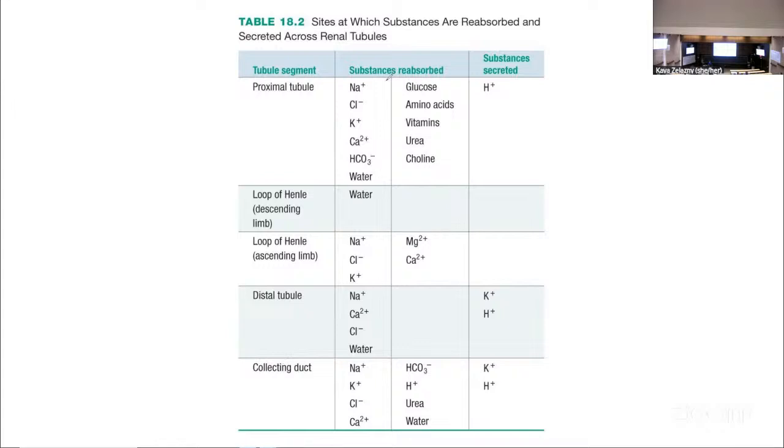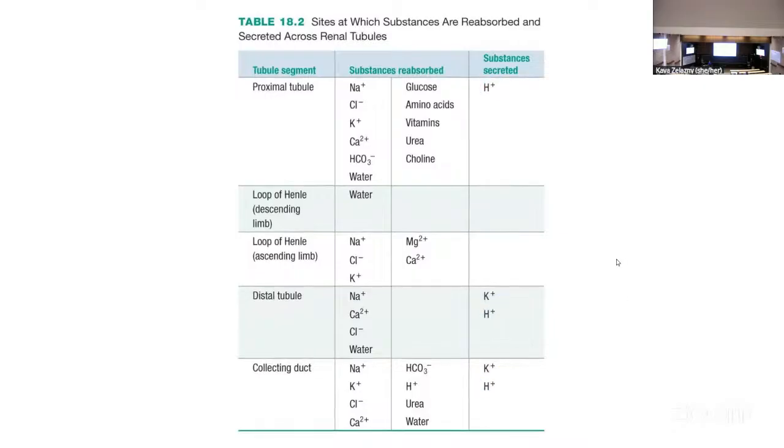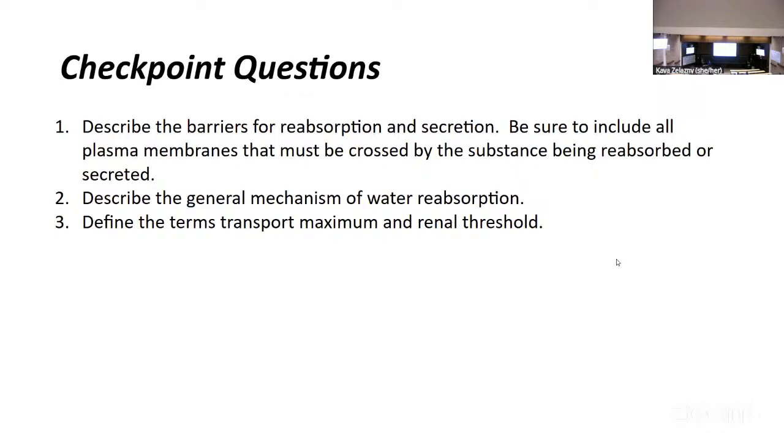You can see there's a lot of stuff that gets reabsorbed, right? That secretion bit is really limited. So you can see the only two things we're really focusing on for normal, average, everyday kidney function are those hydrogen ions and a little bit of potassium here. Okay. So secretion is important, but way fewer things to remember.